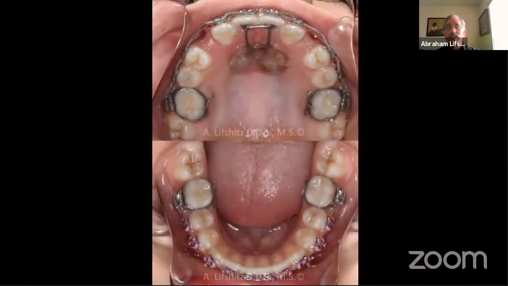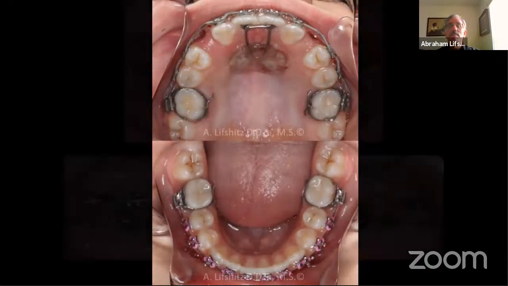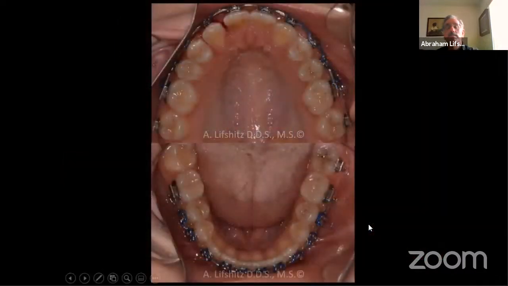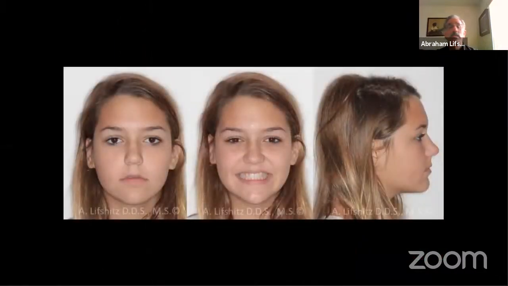By using a TAD, I'm holding the anterior segment in place. I'm finishing the case, doing some compensating bends on the first premolar to bring it down, on the lateral incisors. And this is the case at the end of treatment, about 2 years later.